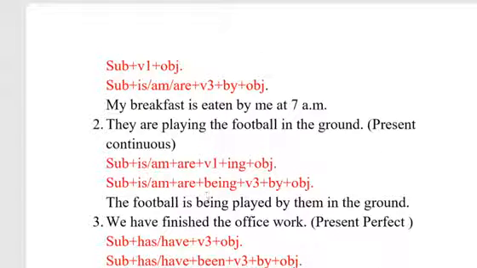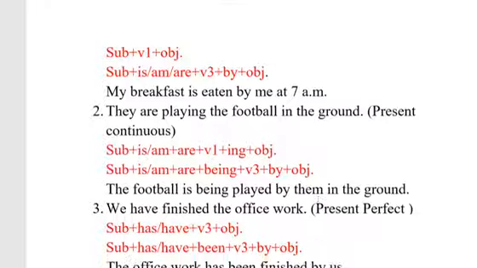Being, yes, please make sure that this word being is to be written in the passive form of continuous tenses. The football is being played by them in the ground. This extra material, in the ground, is written as it was in the active sentence.